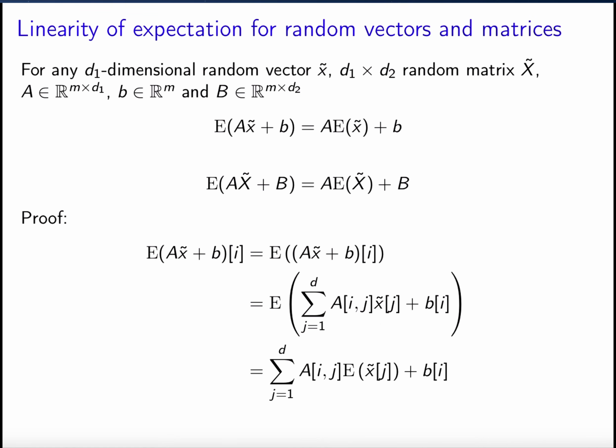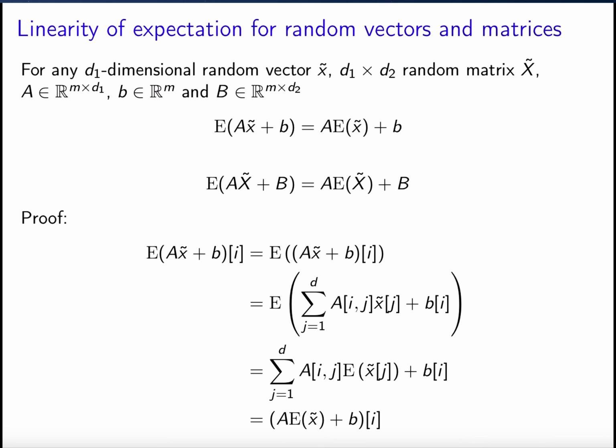So this is just equal to that same linear combination, but now we put the expected value inside. And now essentially what we have is the ith entry of A multiplied by the mean of X, because the mean of X contains the mean of each of the entries, plus the ith entry of the deterministic vector B.